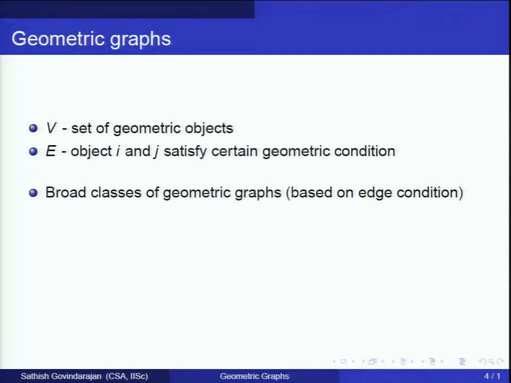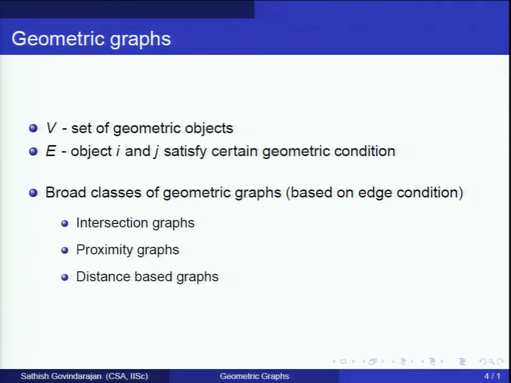Depending on that edge condition, you could have a class of geometric graphs called intersection graphs, and as the name says, you put an edge between two objects if they intersect. These are naturally called geometric intersection graphs. There's another class called proximity graphs, where edges are put based on certain proximity conditions. I'll keep it vague for now, and later you will see what proximity means. And the third general class is where edges are put based on some distance conditions.